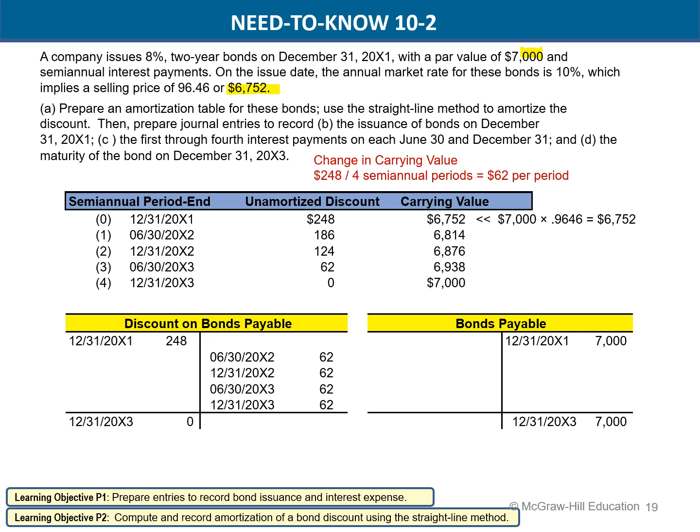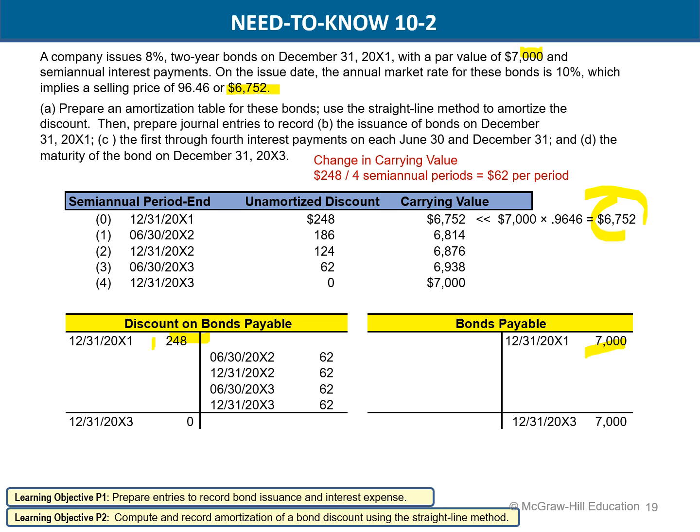So we issue our bond payable, credit bond payable, debit cash. We have a bond payable of $7,000. We have a discount on bond payable of $248, which gets us to this net of $6,752.